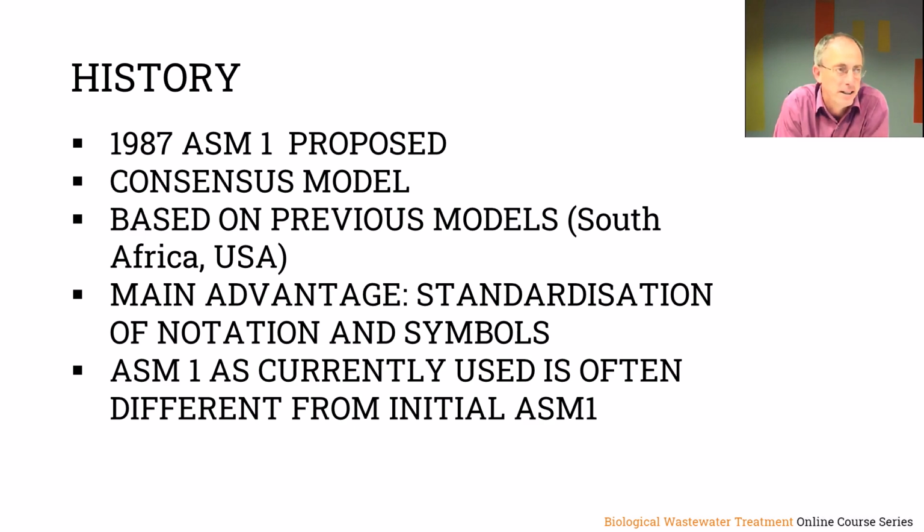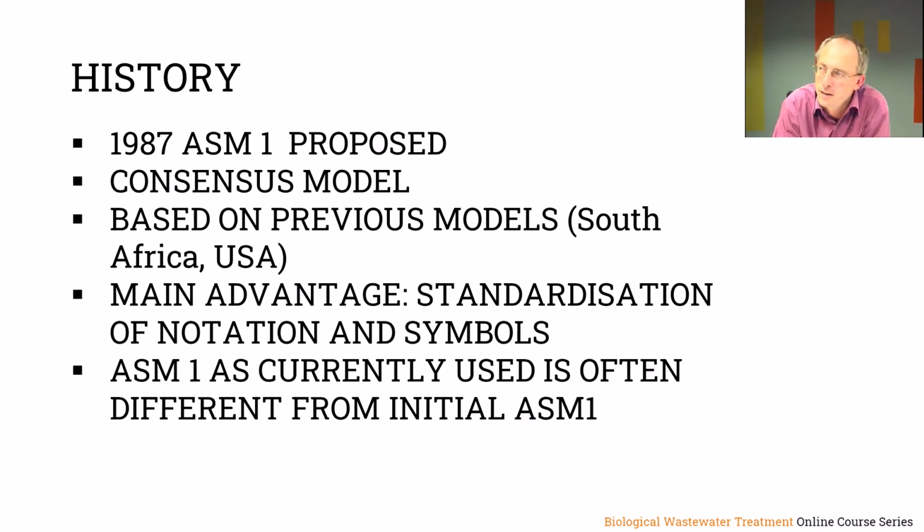In 1987, this activated sludge model was proposed at the conference, was for the first time introduced. And what you have to realize is that the model was made by a group of people who were all busy with modeling in their own way. And they gathered together and they said, now we should find a kind of consensus model.